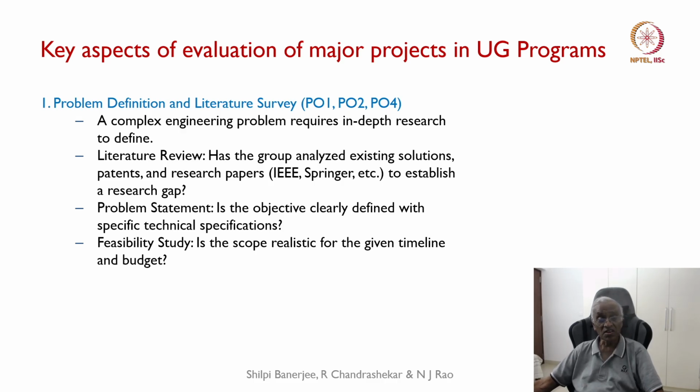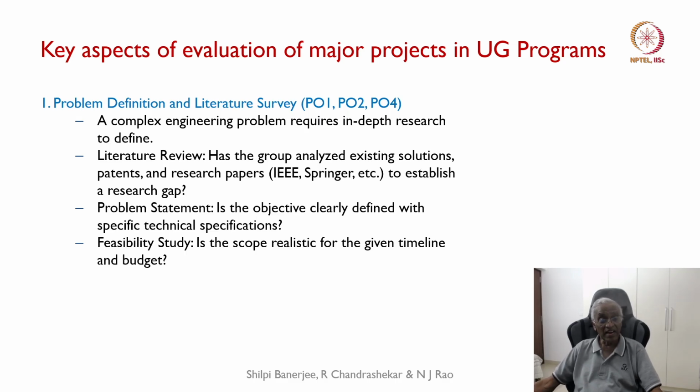So as a group, you have to analyze the existing solutions, patents related to that, and some research papers to establish the research gap, because you are not exactly trying to reproduce somebody else's solution. You are trying to find your own solution. So in finding your own solution, you find some gaps in the existing products, and then you want to add those features to your proposed product.